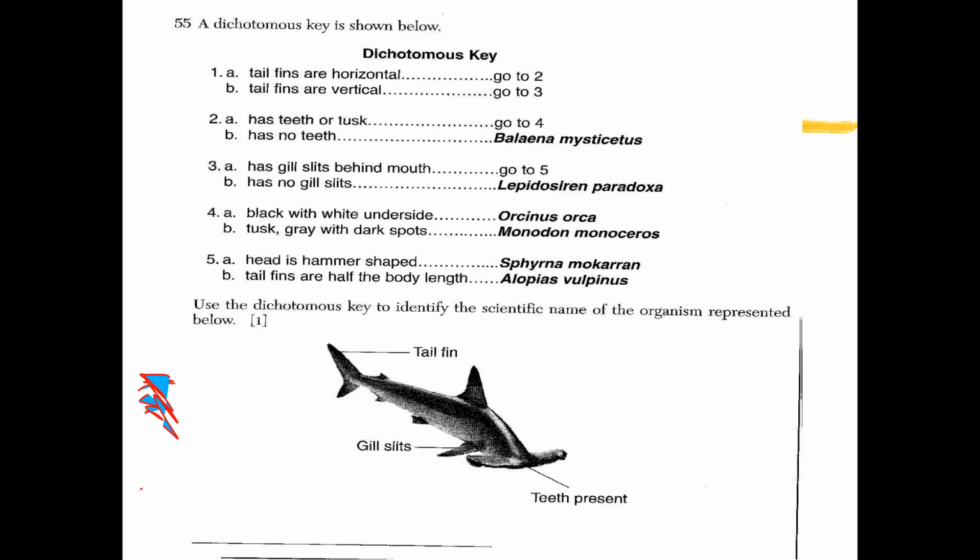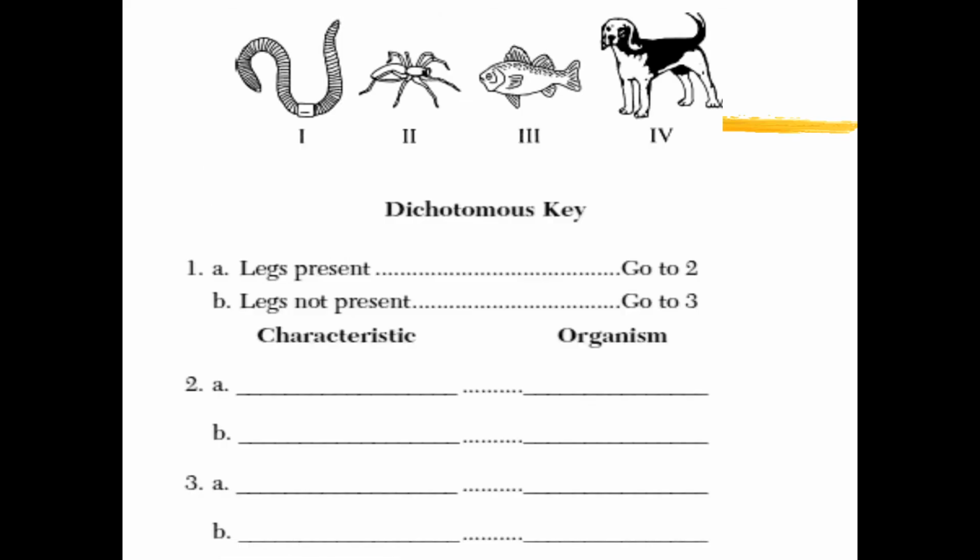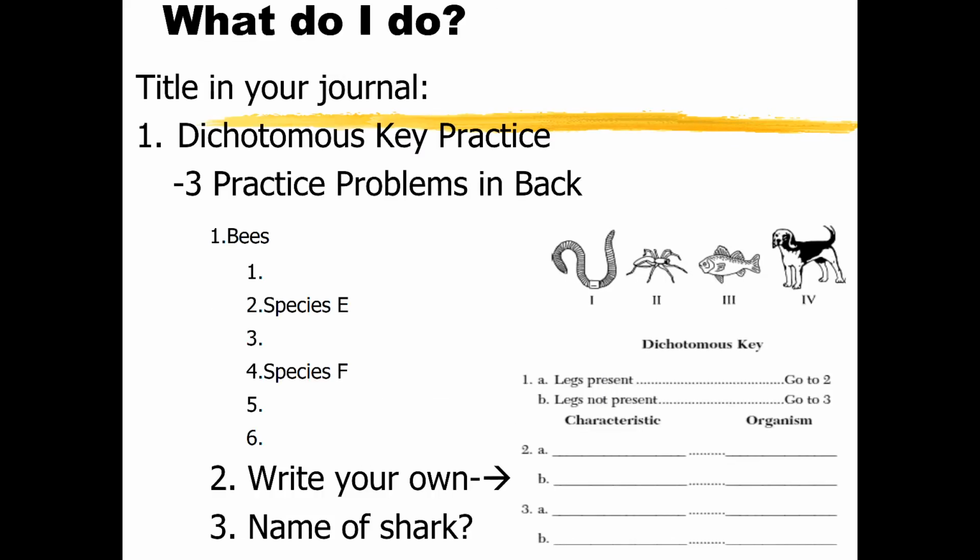It's going to point out gill slits, where the tail fin is. Here's something that should be really obvious as to what all those are. And it's explaining all of this stuff to you. I don't think you're going to be doing this tomorrow.